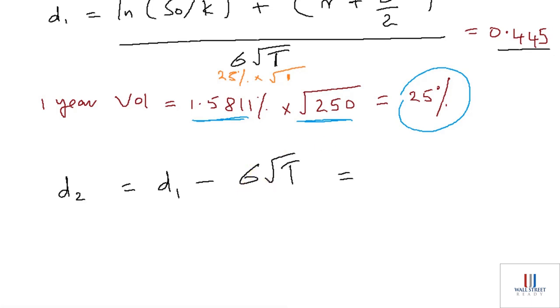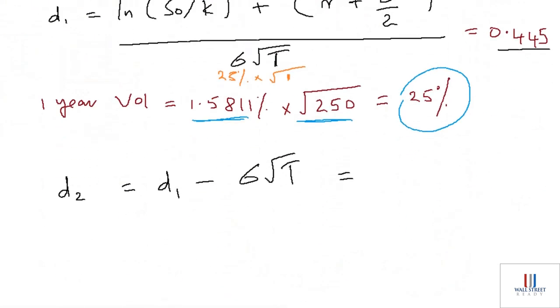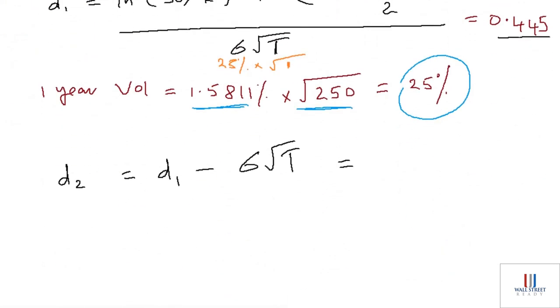Remember, your standard deviation is 25%. So that gives us a D2 of 0.195.